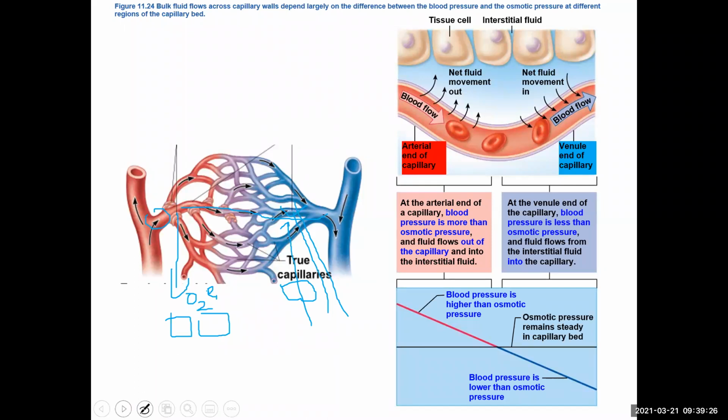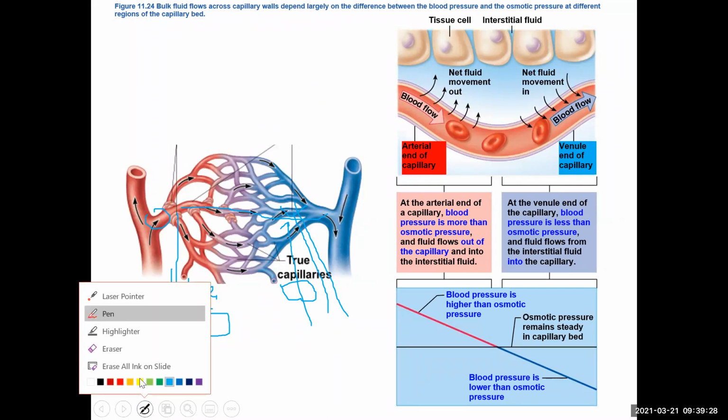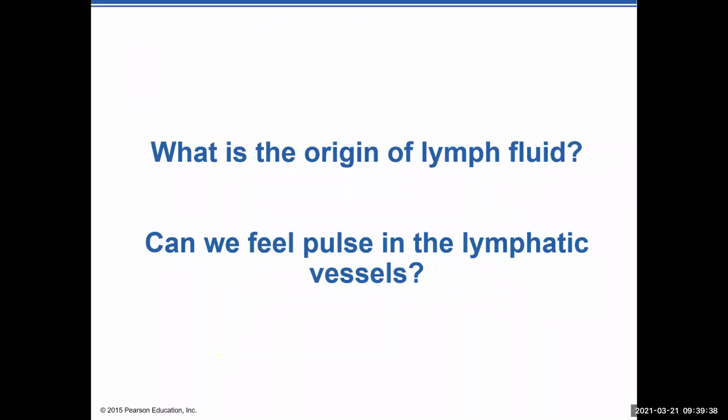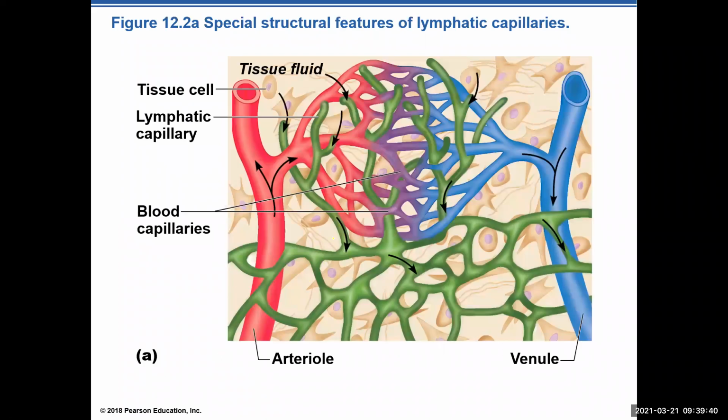Some fluid might be left behind in the interstitial spaces. In order to bring that fluid back, we have something called the lymphatic capillaries. If you remember, this was the diagram. So lymphatic capillaries can bring the fluid back into the blood vessels.